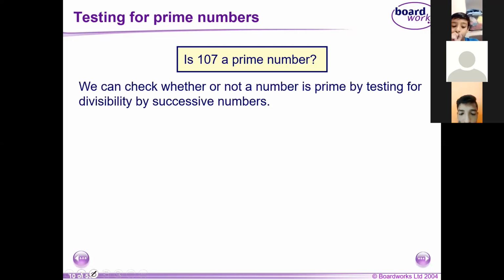We can check whether or not a number is prime by testing for divisibility by successive numbers.